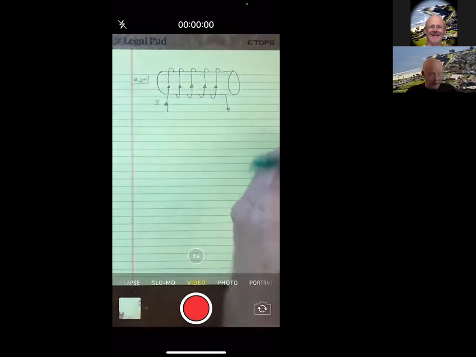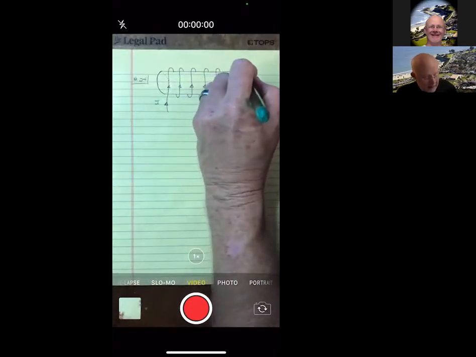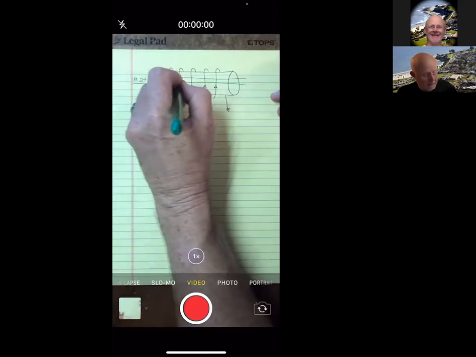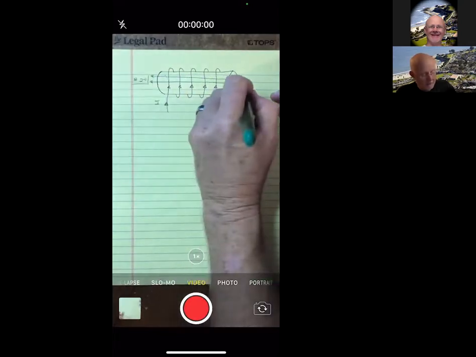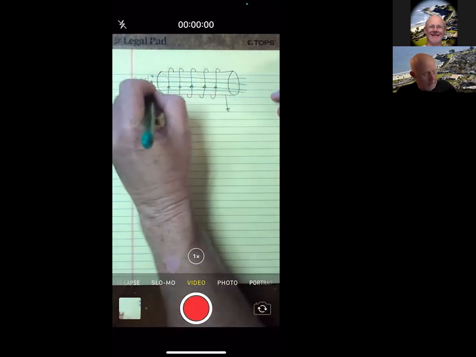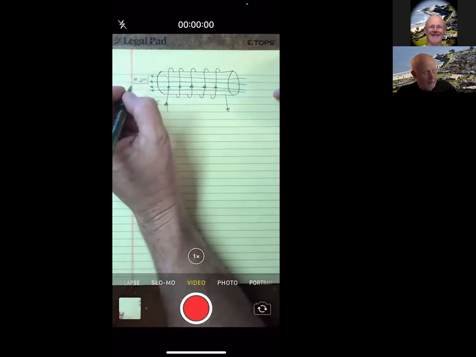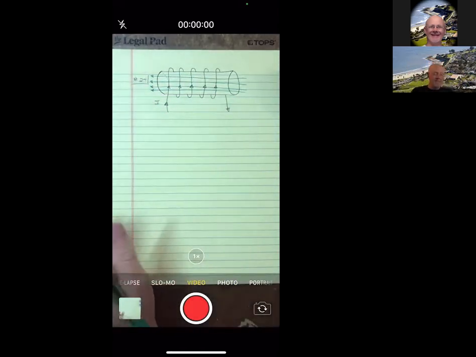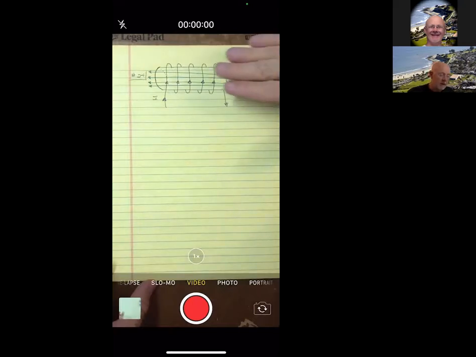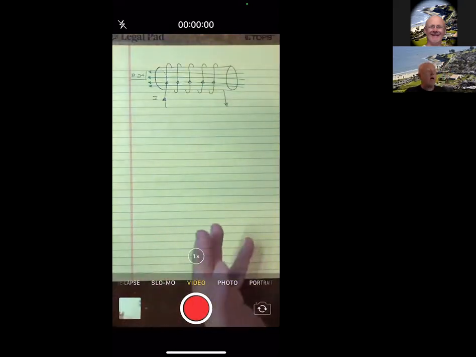Maybe I'll draw it in green as arrows that look like that. All right, so there's my magnetic field and my magnetic flux.